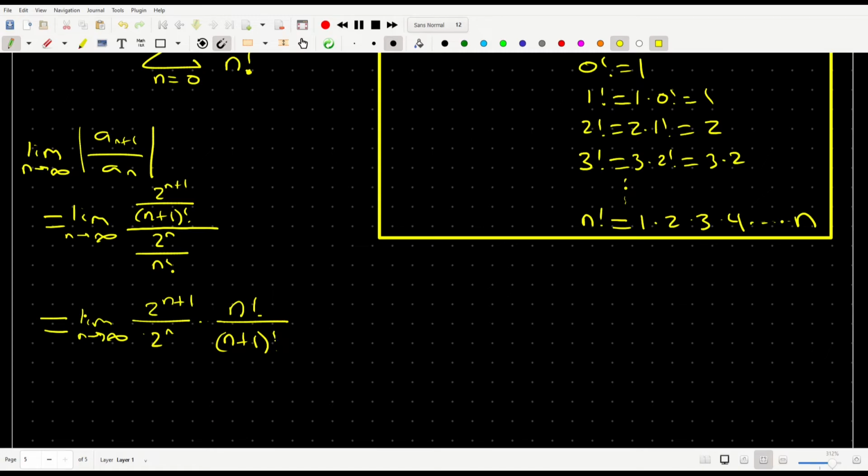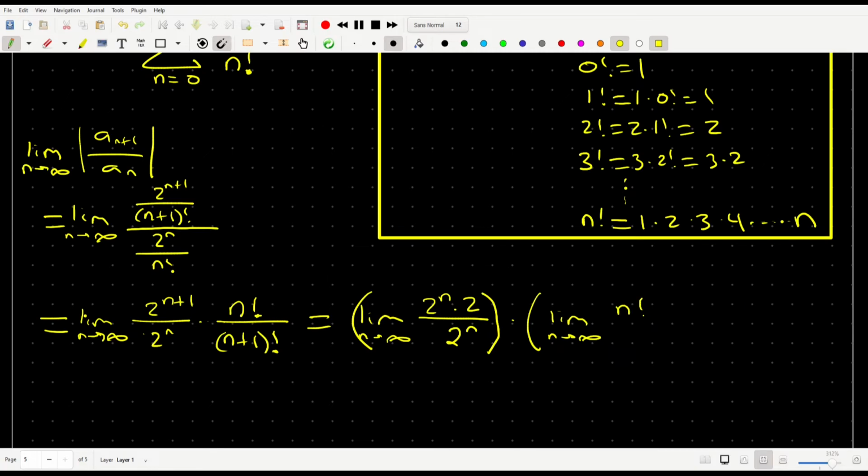Which will simplify nicely using our product limit law from before. This will be the limit as n goes to infinity of 2 to the n times 2 over 2 to the n, multiplied by the limit as n goes to infinity of n factorial over n plus 1 times n factorial.